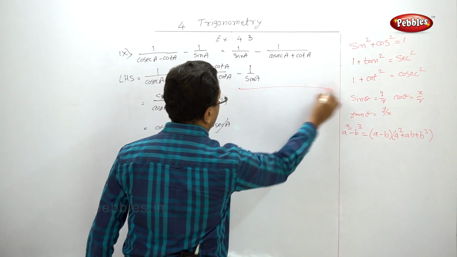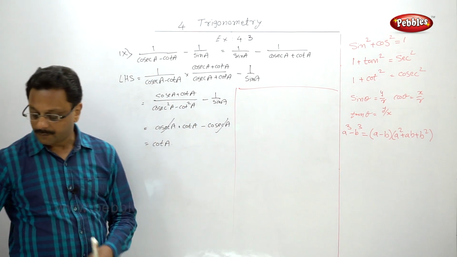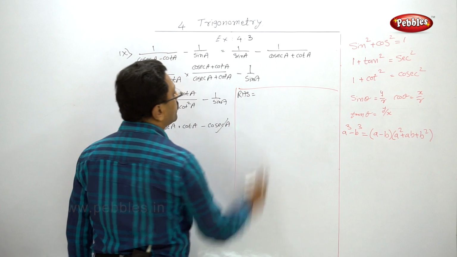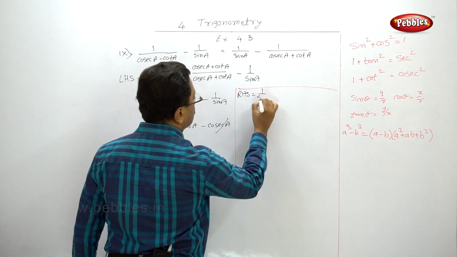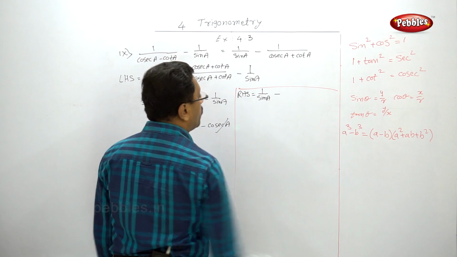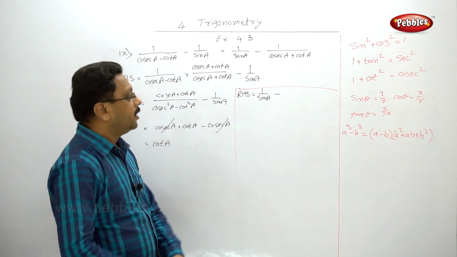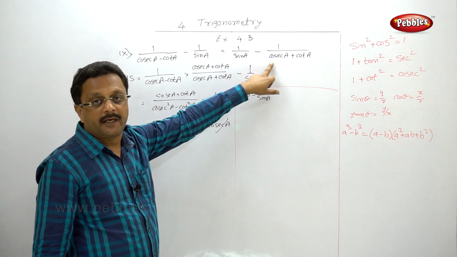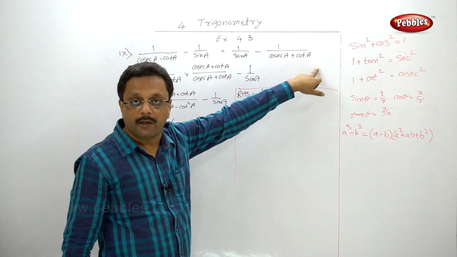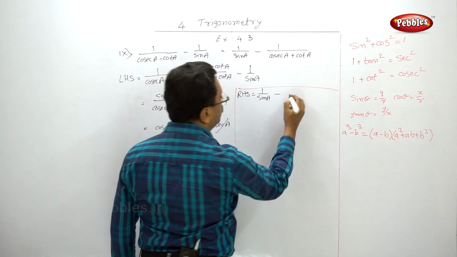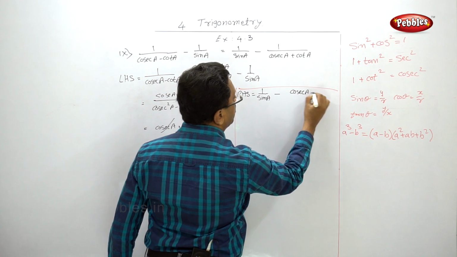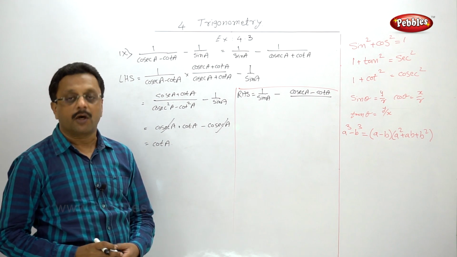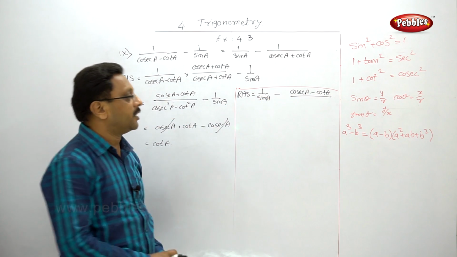Now let us see what we get on the right hand side. Same thing, 1 upon sin A. Now I am doing it in a shortcut way. If you rationalize this, we have to multiply and divide by cosec A minus cot A. So in the numerator we will have cosec A minus cot A, and upon we will have cosec square A minus cot square A, that is 1.